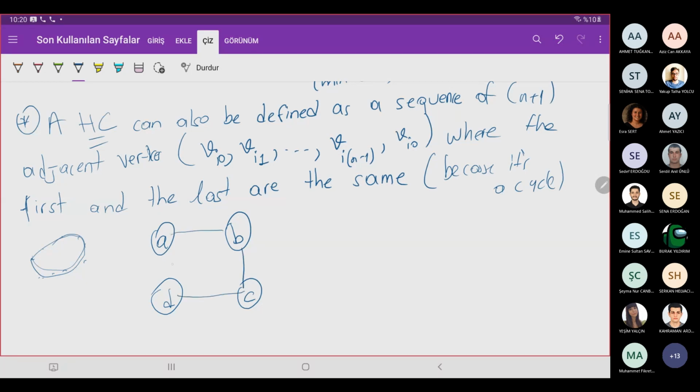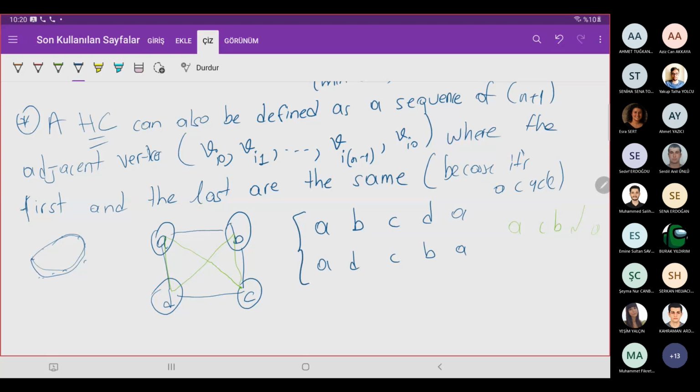One possible cycle is this: A, B, C, D, A. And another is this: A, C, B, D, A. Or A, B, C, D, A and A, D, C, B, A.